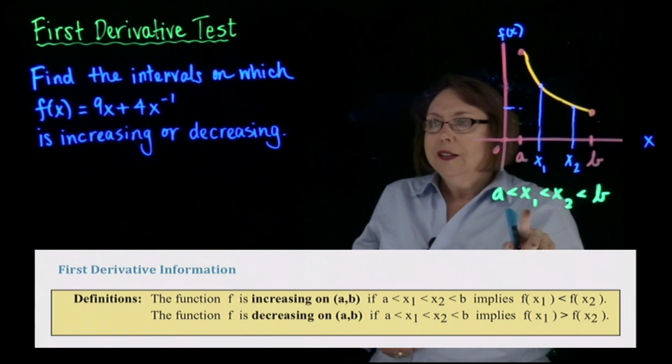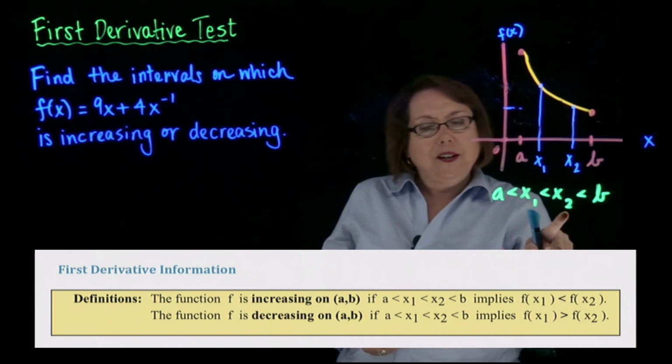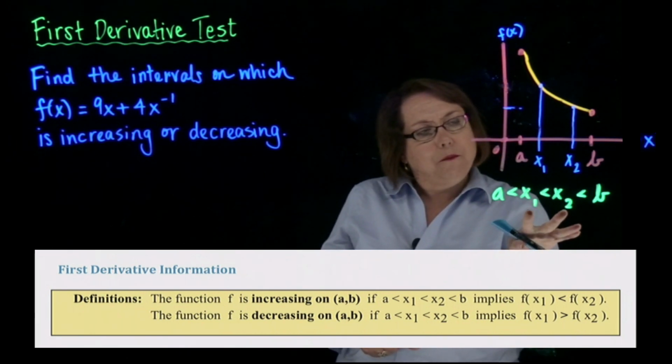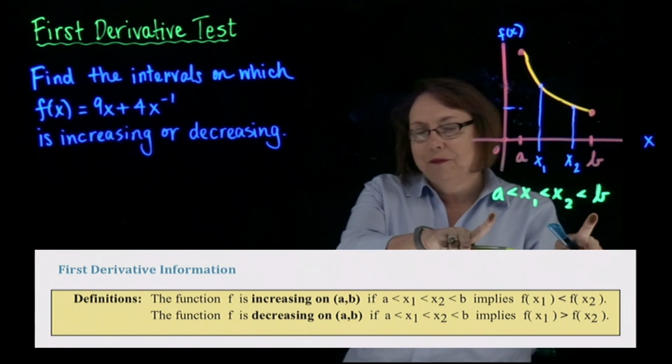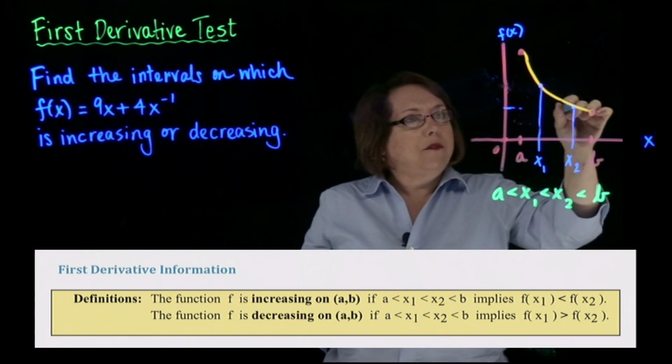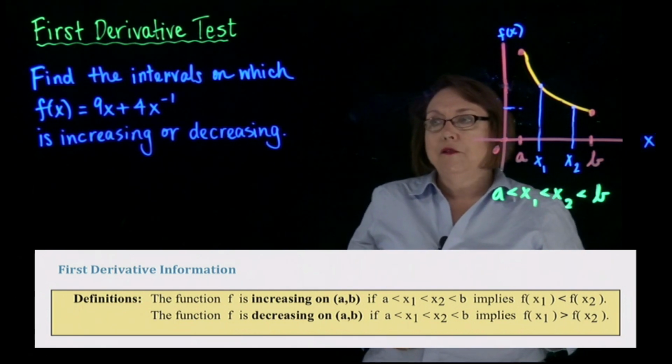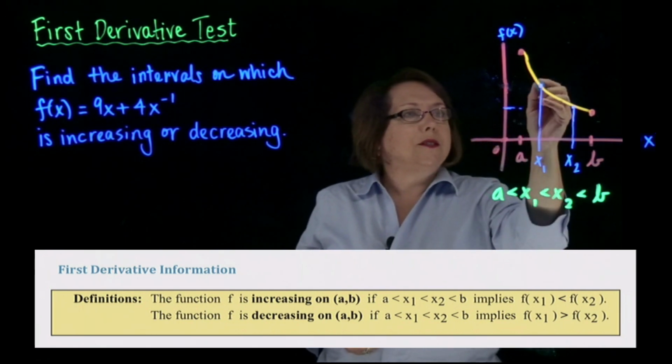So we're still saying that x sub 1 is less than x sub 2, and both of those values of x are between a and b. So now if we have a decreasing function, look what happens.